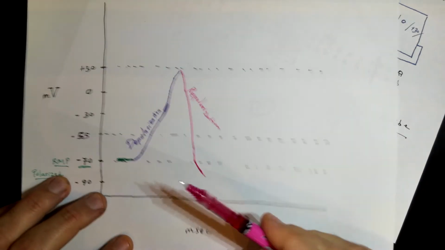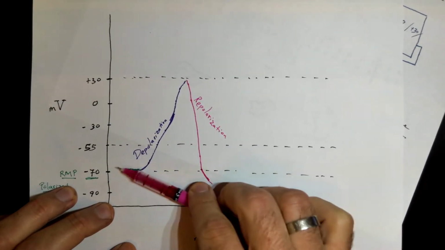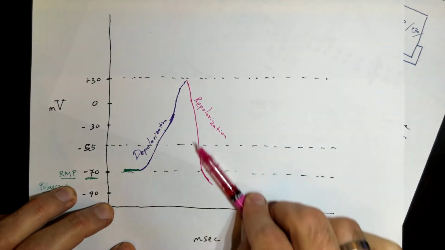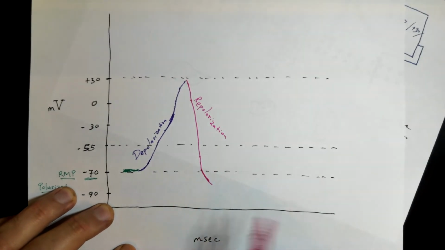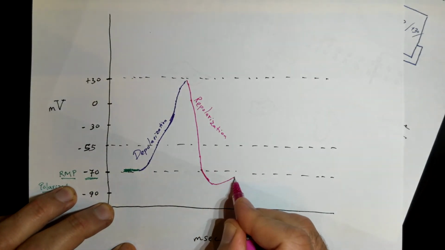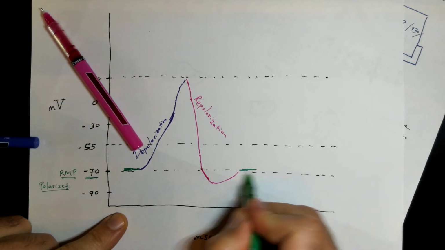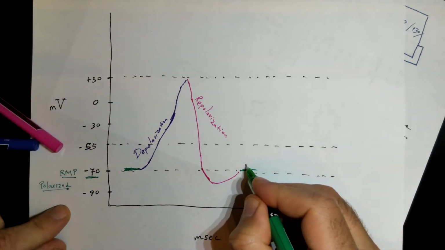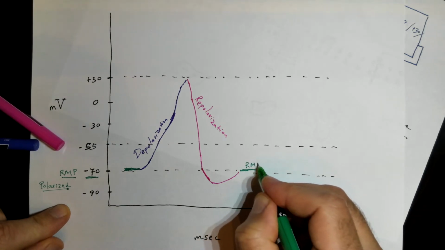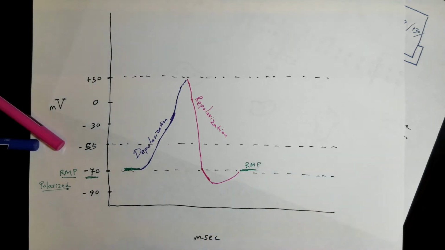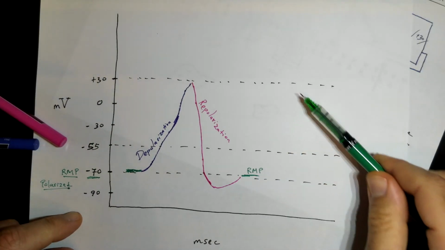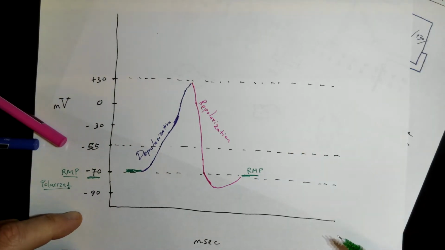And so you can see that basically the idea is depolarization and repolarization, going back to eventually our resting membrane potential, because that way we can do it again.